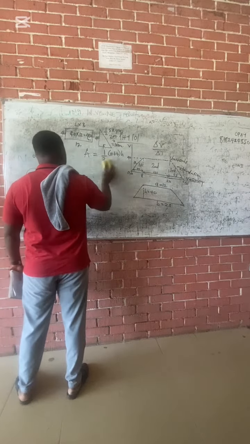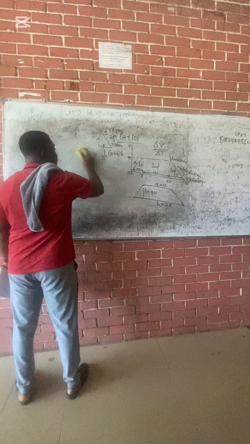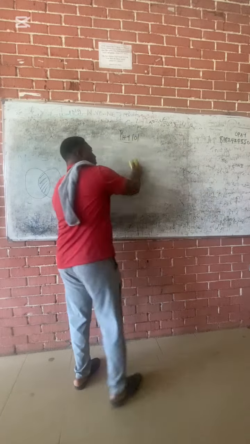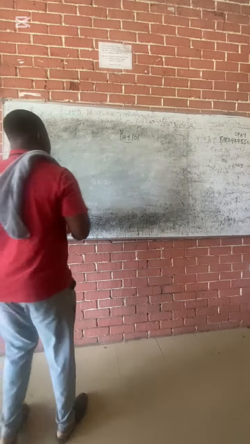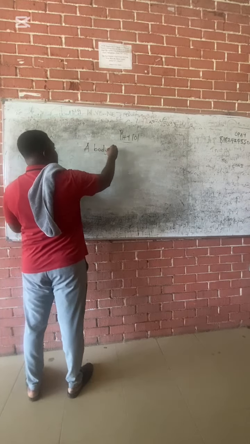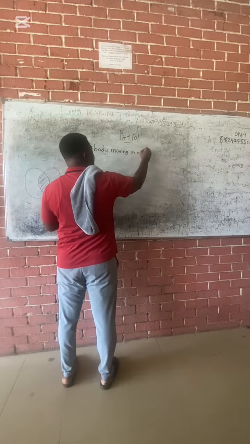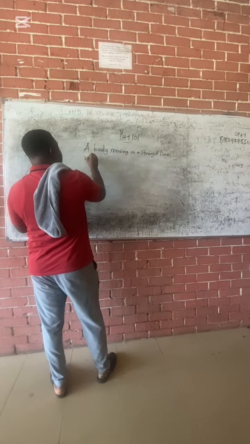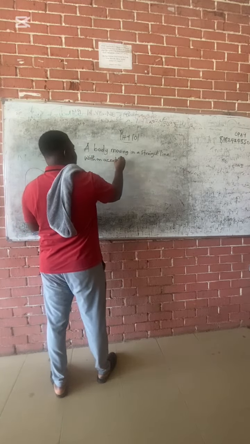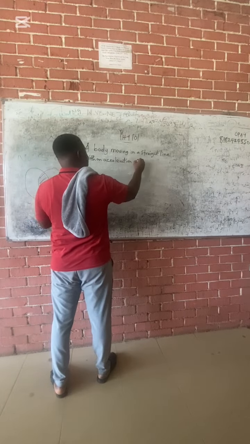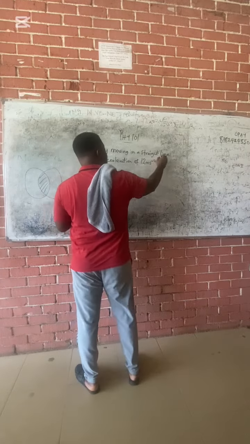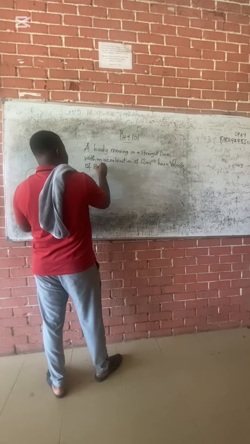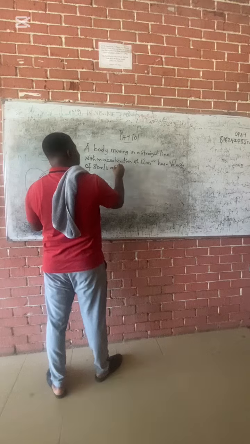Now, another question. A body moving in a straight line with an acceleration of 12 meters per second squared has a velocity of 80 meters per second after 5 seconds.